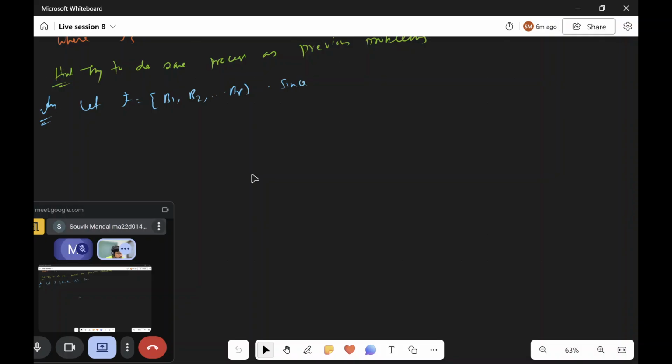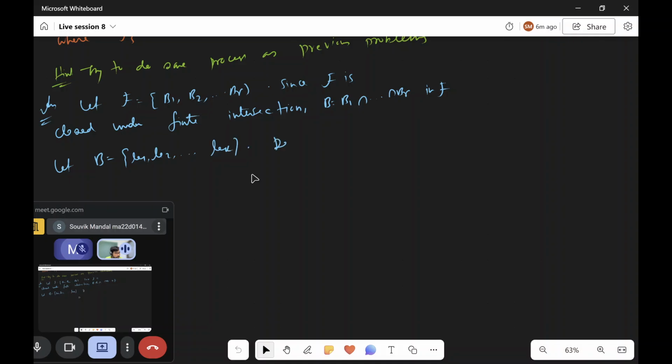Now since F is closed under finite intersection, B is equal to B1 intersection ... intersection BR, which is in F. Now let capital B equal little b1, little b2, ..., and define S from N to X by S of k plus i equal to bi for each i.